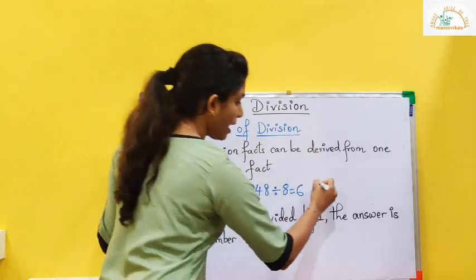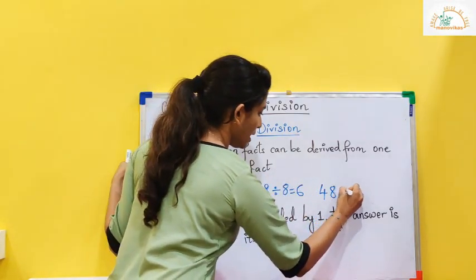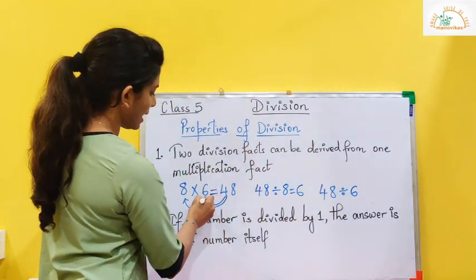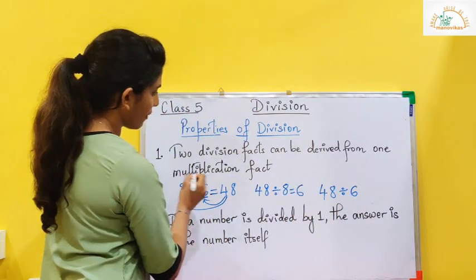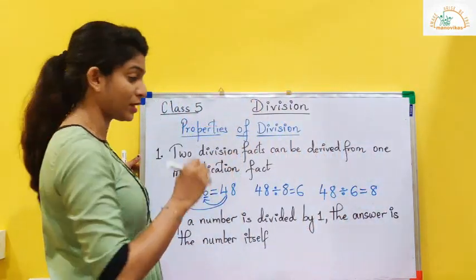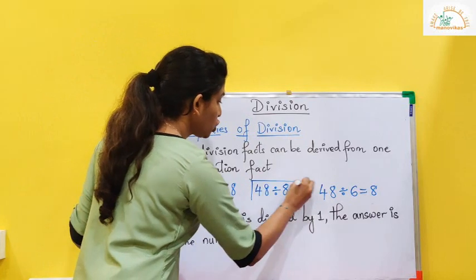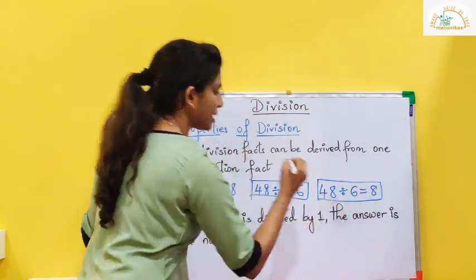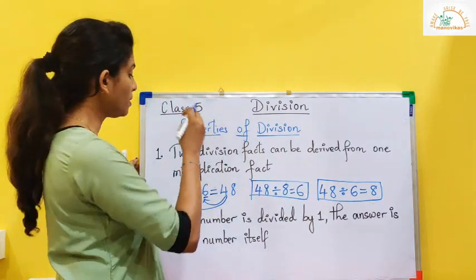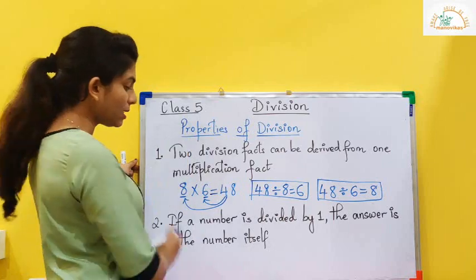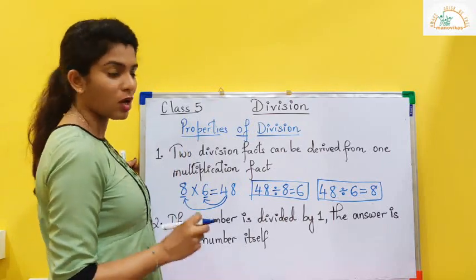If I divide 48 by 6, I should get the answer as 8. That means I got two division facts, which I have derived from the multiplication fact.